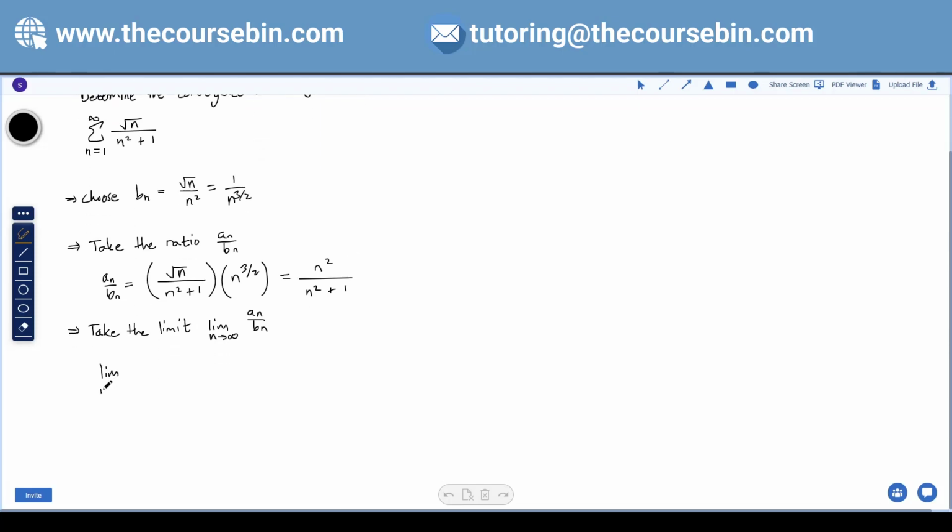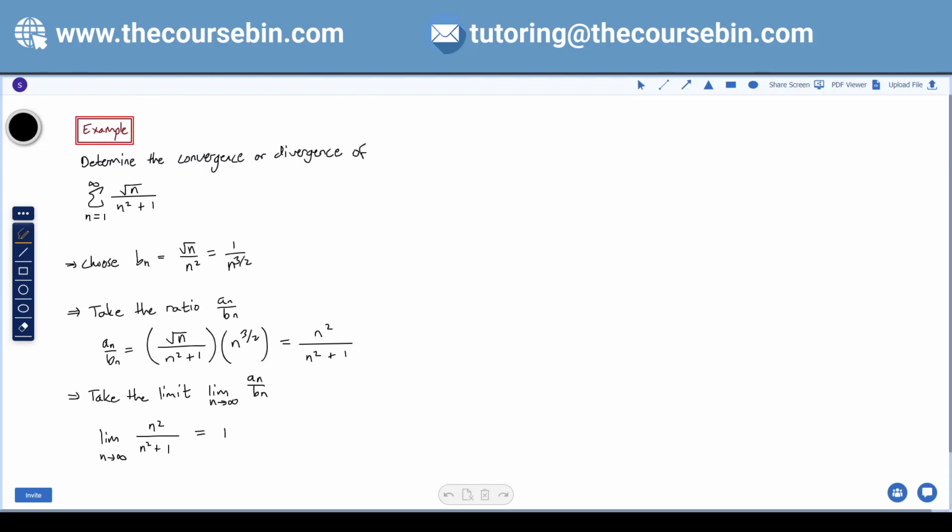We can do that here, and this limit just comes out to be 1. So, based on the rules we wrote, since the limit is finite and positive, that means either both converge or both diverge. Now remember, the original b n was this one over here.